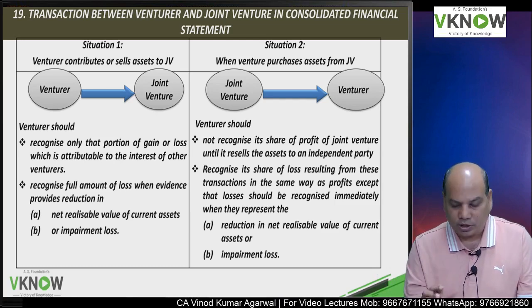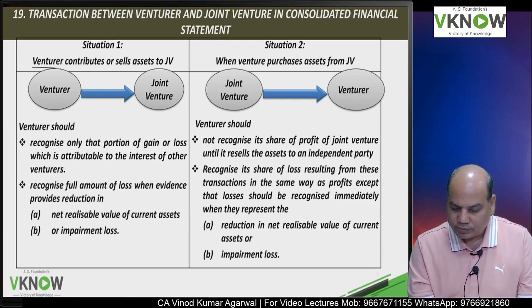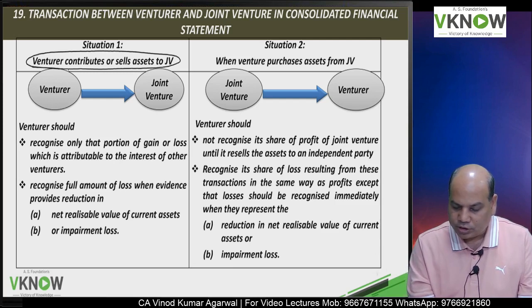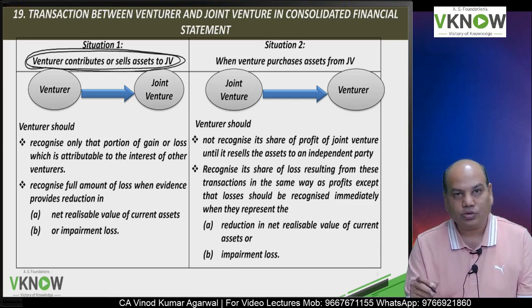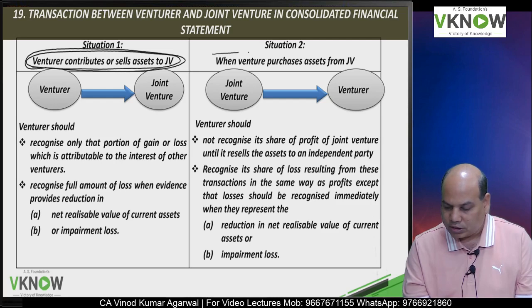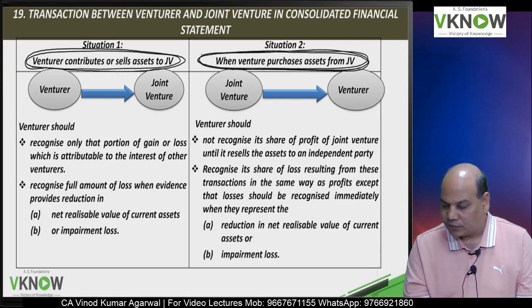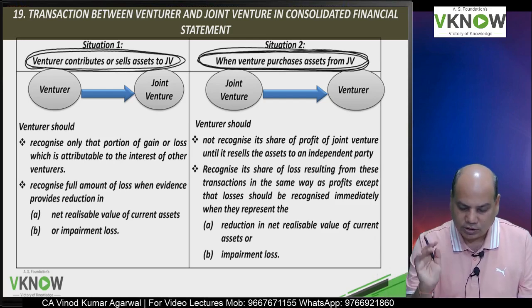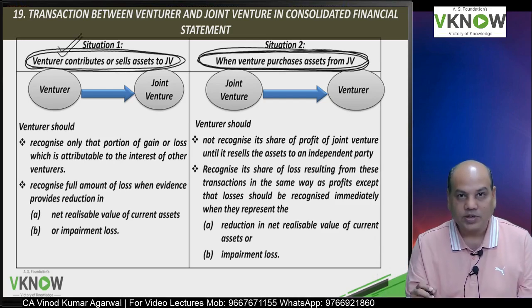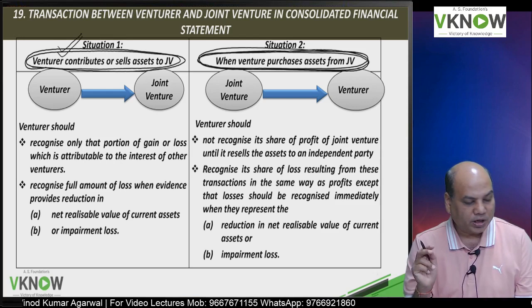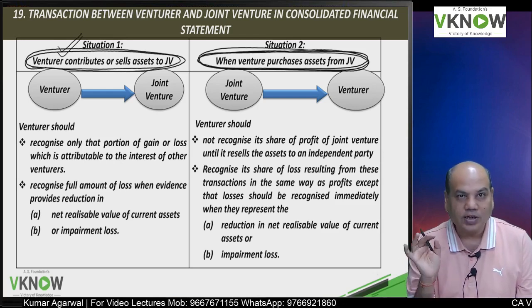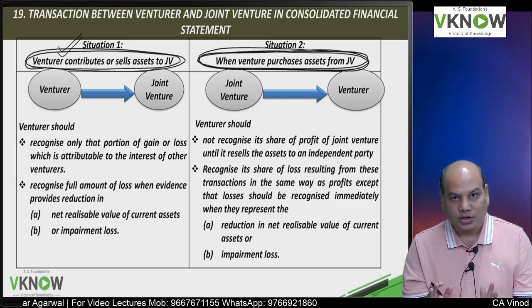Then there are two possibilities. First is the venturer contributes or sells an asset to the joint venture. Second situation is the venturer purchases assets from the joint venture. Let us look at the left side of the screen, printed in your book also very nicely. You have to just keep this in mind.